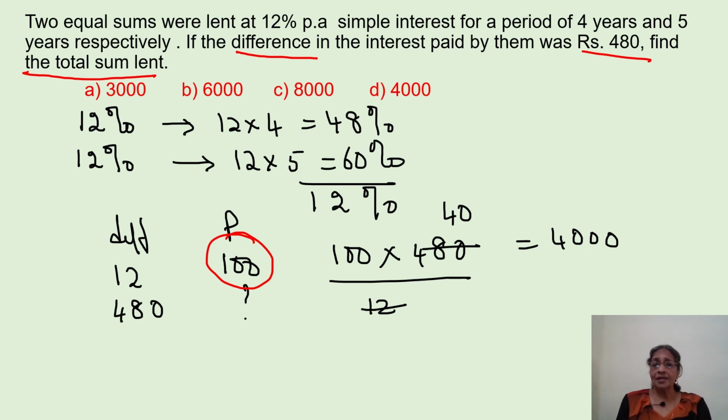So, your correct option in this case would be 8,000 and not 4,000. All right. So be careful with this. Read your sum very, very carefully.